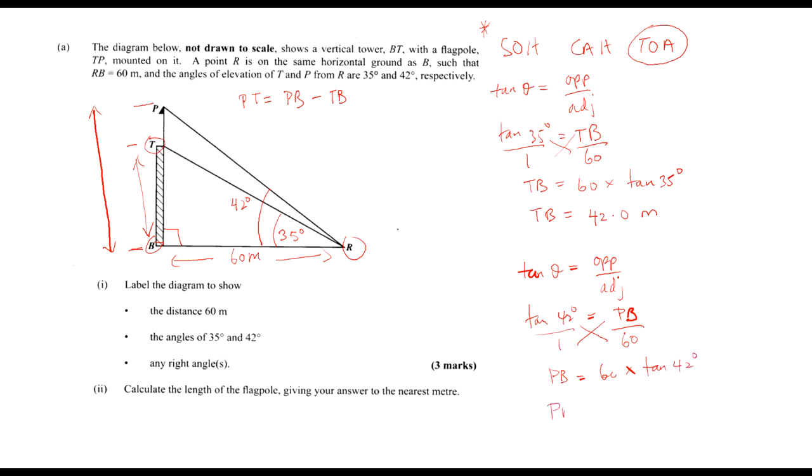So therefore PB is equal to, and we use our calculator again, so 60 multiplied by tan 42, and that gives me 54.0 meters.